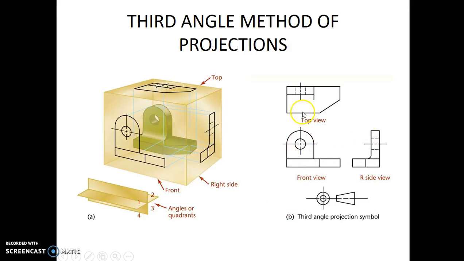The three views are positioned with respect to one another in this way. We see the right hand side view on the right side of the front view. Top view is above the front view. This is a symbol representing the third angle.